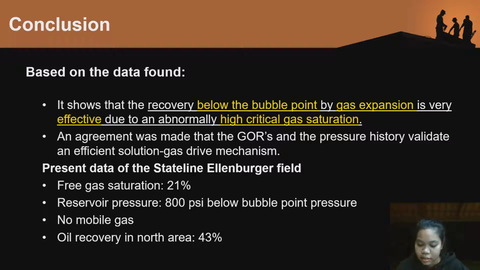Third, the oil recovery to date in the north area is already 43% of the original oil in place, which means that this is a good reservoir considering this is a solution gas drive recovery.